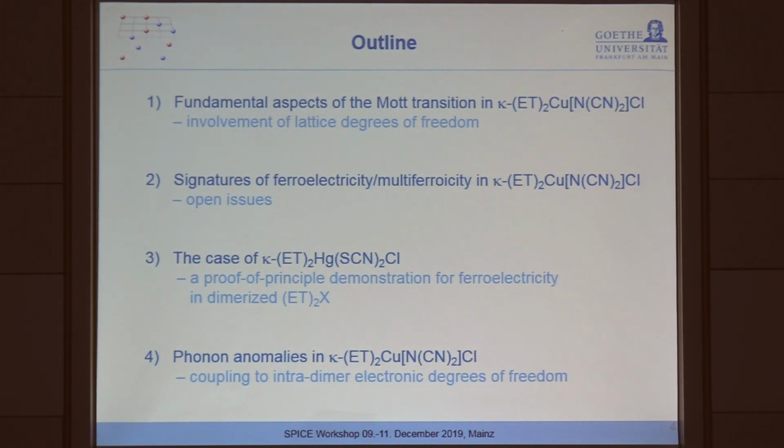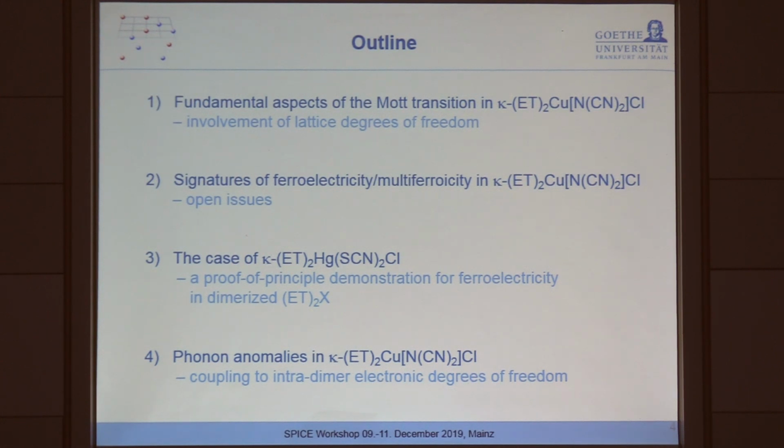And this is the question: what is the role of the lattice degrees of freedom in the Mott transition? Then I will discuss the very same material but release the pressure, so at ambient pressure, we just reduce the pressure by 200 bars, and then we made a very surprising observation, namely that there's a ferroelectric instability.